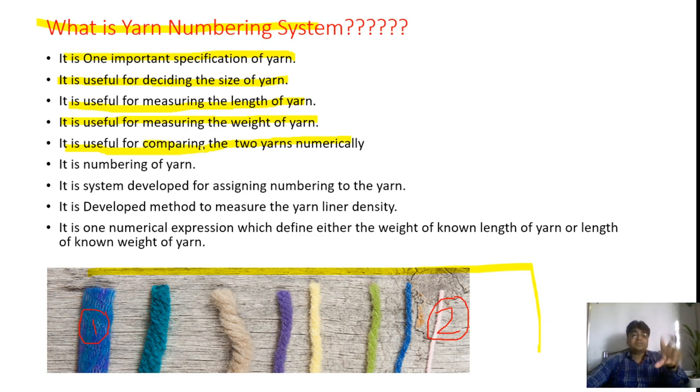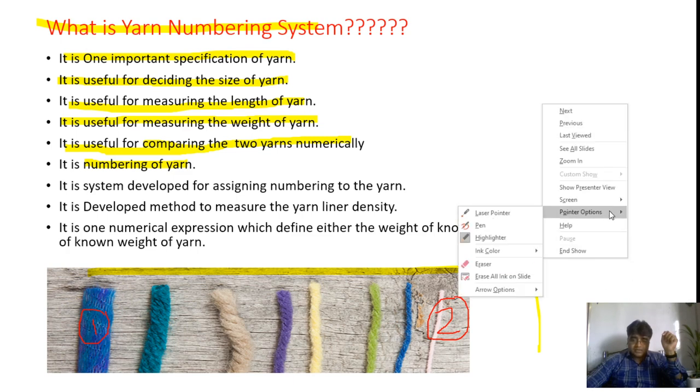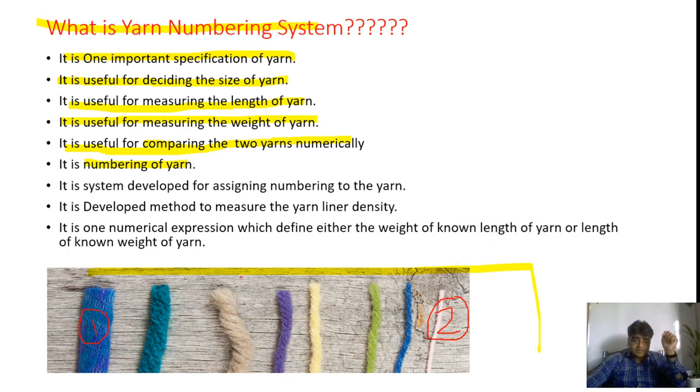So the yarn numbering system is very helpful for comparing two yarns. Now, another way to say it is numbering of yarn. Right now in this picture there are no numbers assigned to the yarns. Instead, if I assign some numbers here, for example, this is yarn number 2, this is yarn number 3, this is yarn number 4, this is yarn number 5.